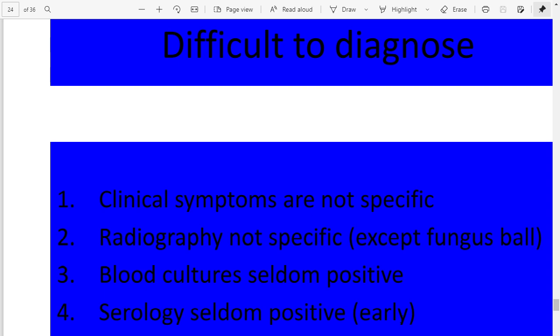You get two lines positive, just like a pregnancy test, to be sure that this patient has anti-galactomannan antibody. It's a very nice bedside test discovered recently, and it is well applied in most cases of Aspergillus lung infection or elsewhere.